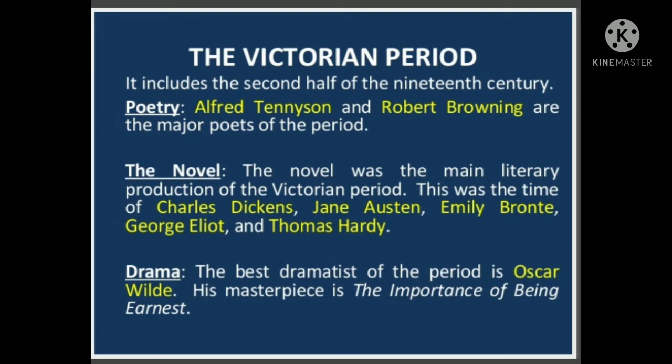The novel was the main literary production of the Victorian period and was also at its height at that time. This was the time of Charles Dickens, who wrote Oliver Twist, Jane Austen, Emily Bronte, George Eliot, and Thomas Hardy. These were known novelists.